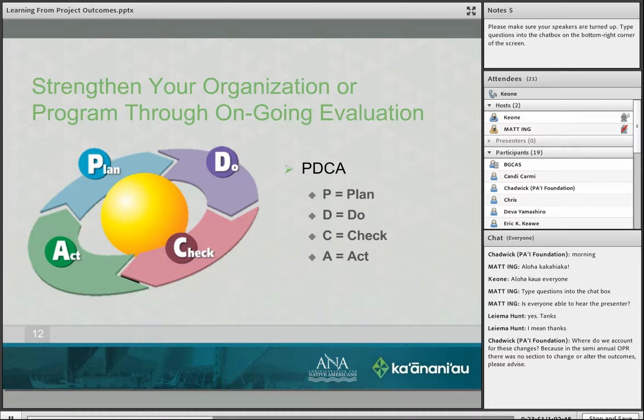Oftentimes, it's just one or two activities that need to be changed within the OWP, as long as it's working to the same objective. So I think the first thing you should do is call your program specialist and say, hey, we're realizing that one of the outcomes we originally thought we would achieve needs to be tweaked in one way or another.